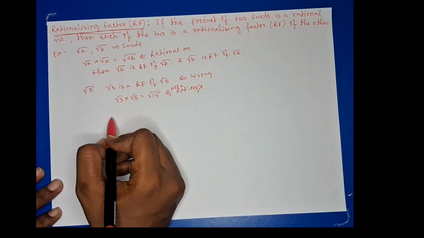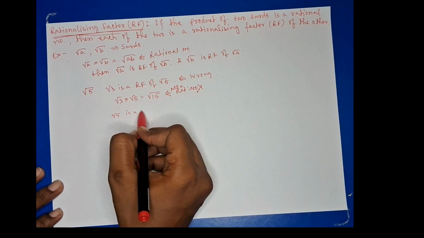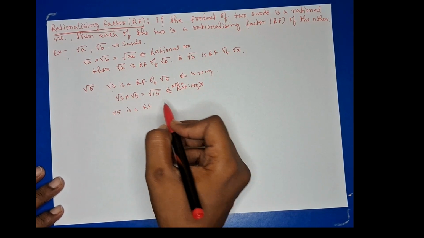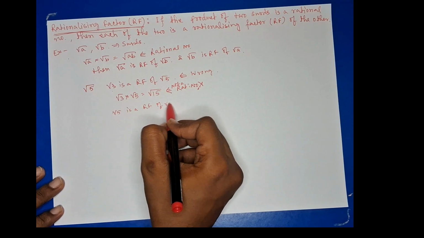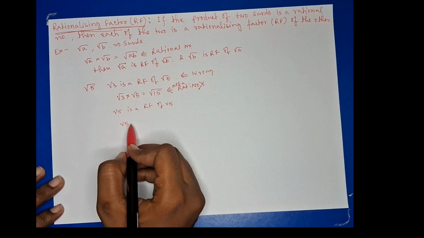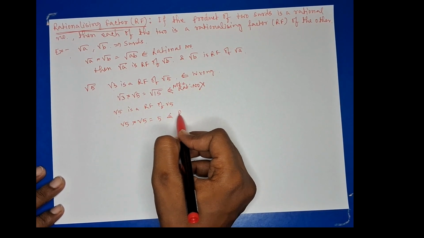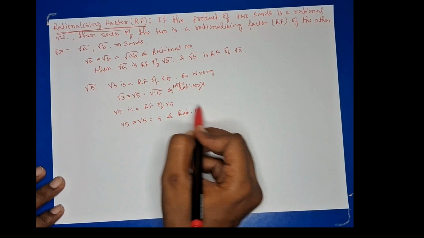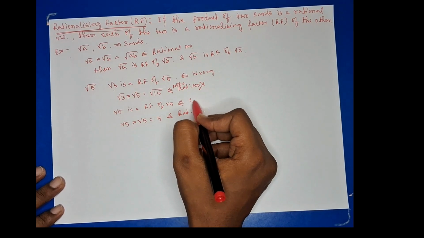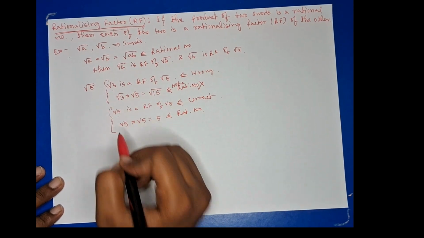Can we say that root 5 is a rationalizing factor of root 5? Let us check. We multiply root 5 with root 5. Root 5 into root 5 is equal to 5, which is a rational number. So this statement is correct. This one is wrong and this one is correct.